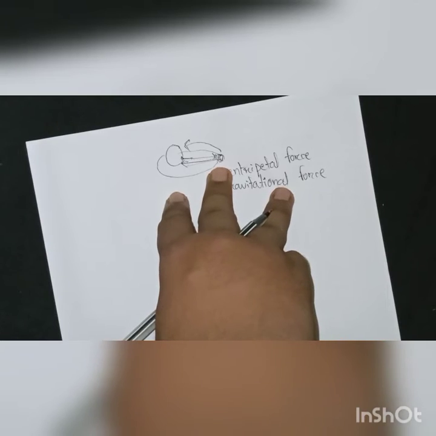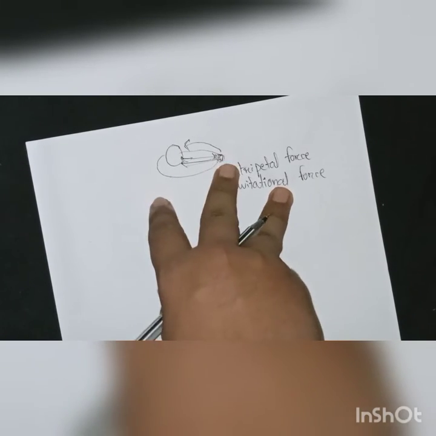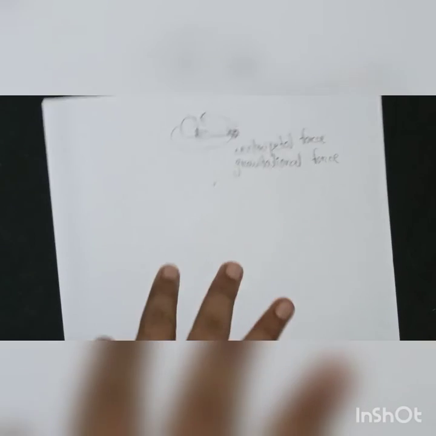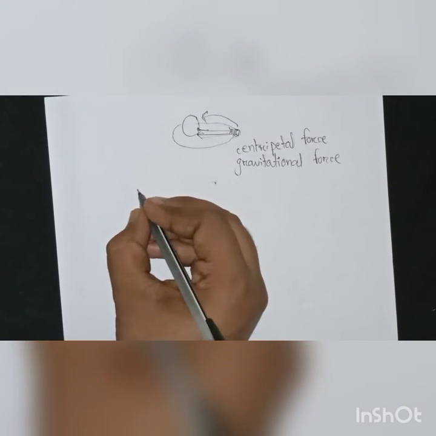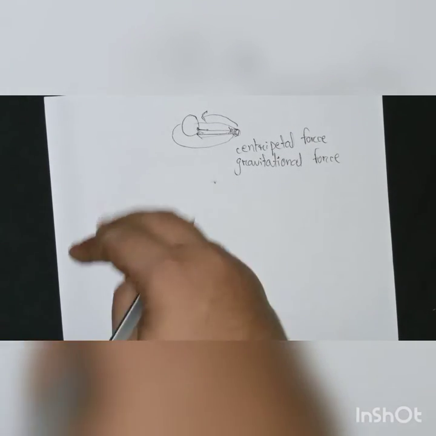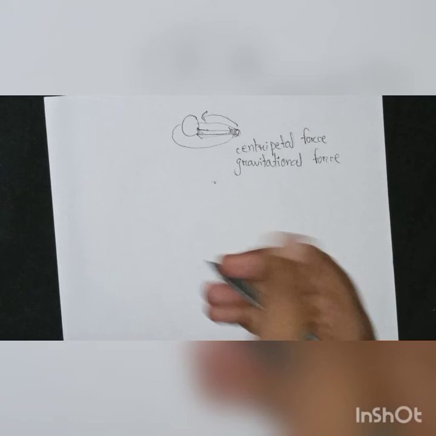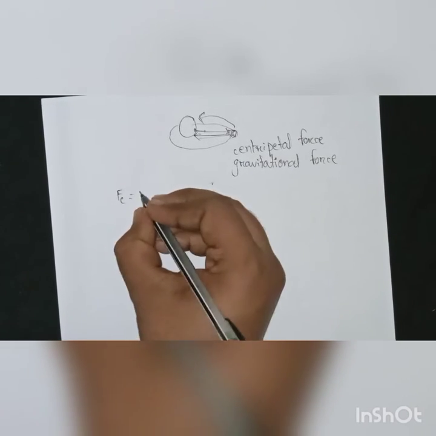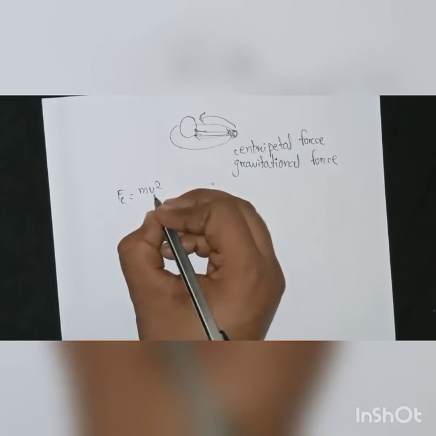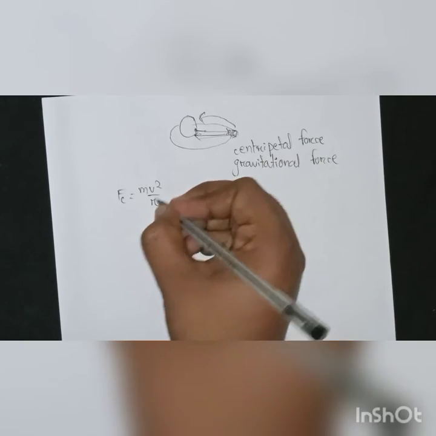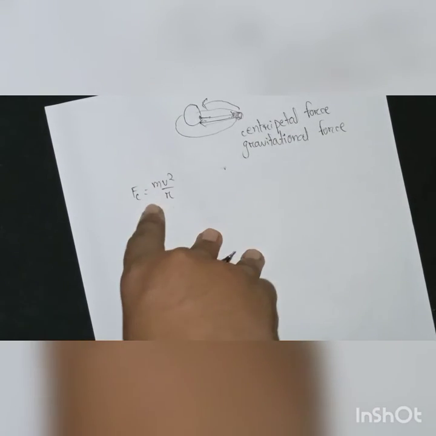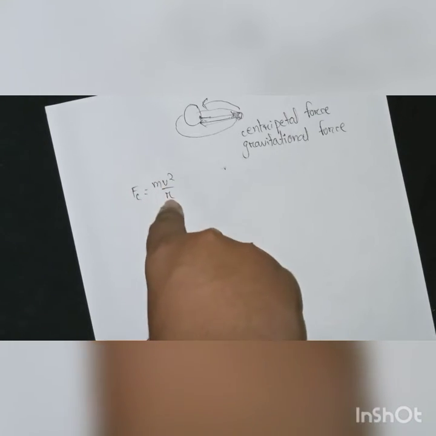So how can you know the velocity of an object orbiting around another object? For this we are equating the centripetal force formula to the gravitational force. So centripetal force Fc is equal to m v square by r. So v square by r is the formula for centripetal acceleration, and multiplying by the mass we get m v square by r.